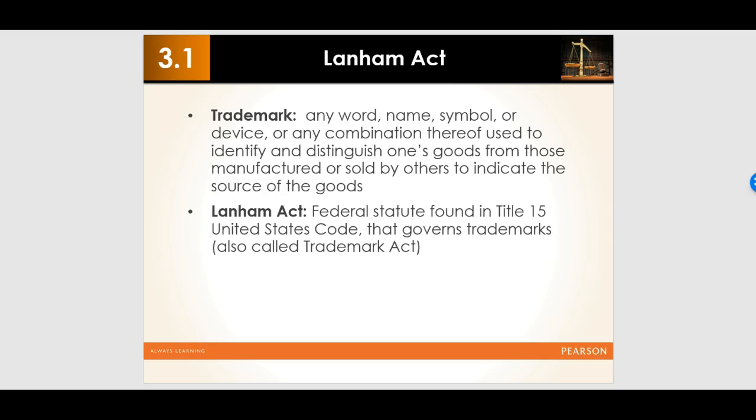And the act or the law that is related to trademarks in the US is the Trademark Act, which has a specific name as Lanham Act, but most regularly it will be referred to as the Trademark Act. So it is there where we find this definition, what a trademark is, and based on its definition, we know how we can protect it.